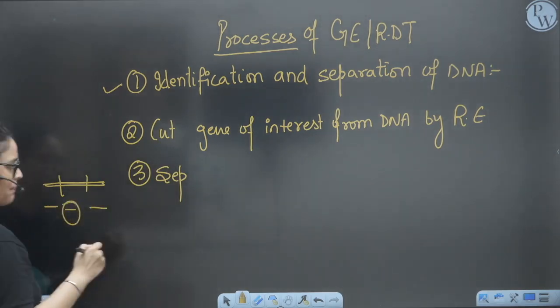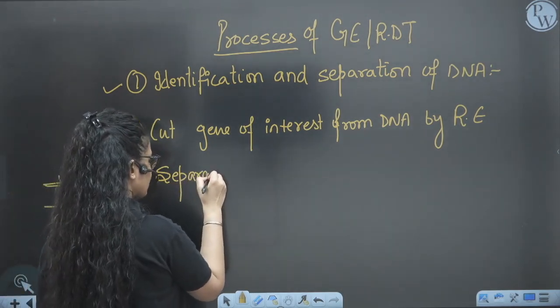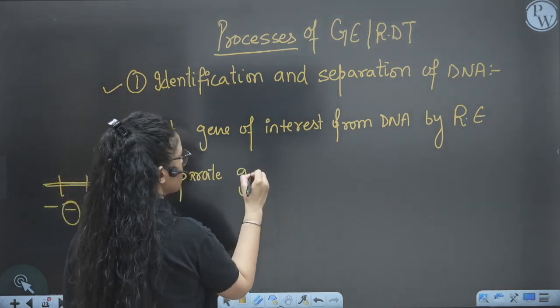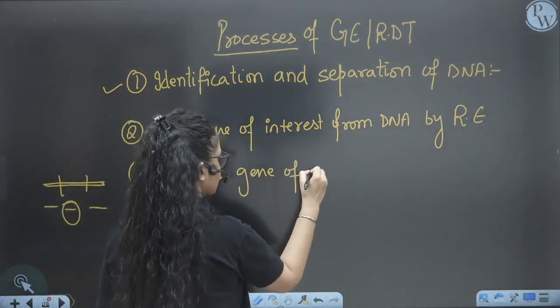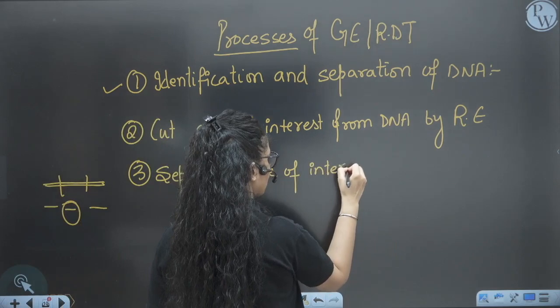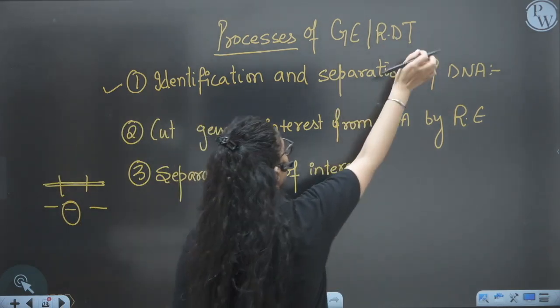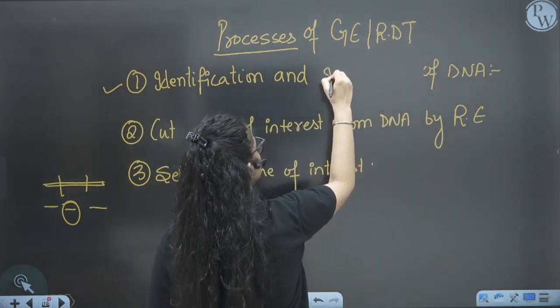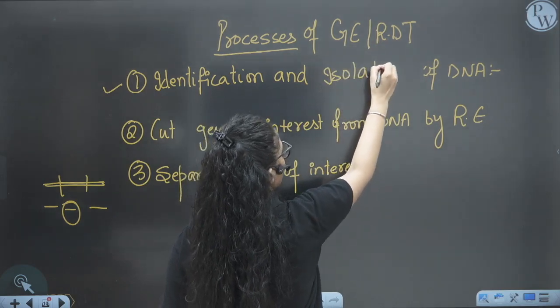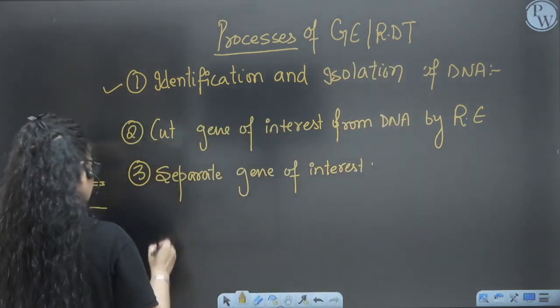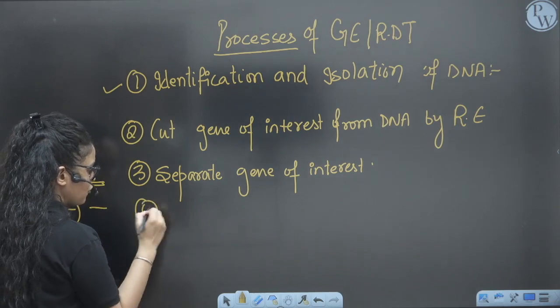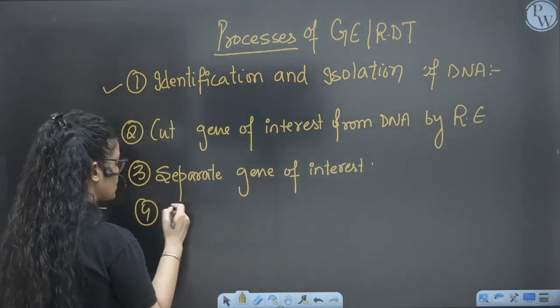So we have to separate our gene of interest out of all the fragments, right? So here we can use the appropriate term isolation. Isolation means to release out the DNA. After separating, we have to make the 1,000 copies of our gene of interest, right?